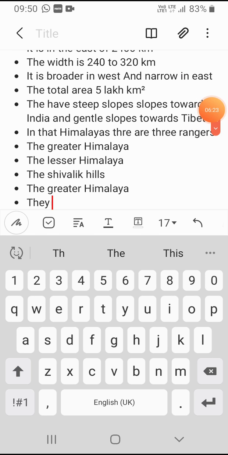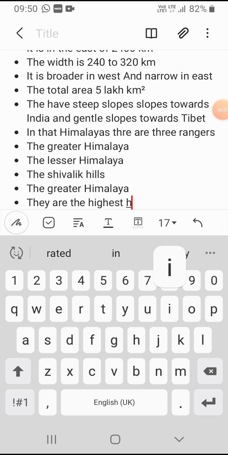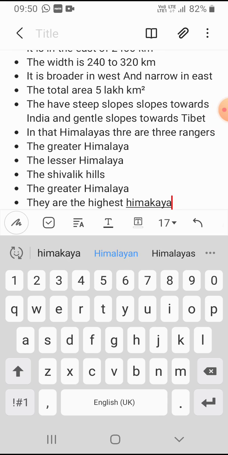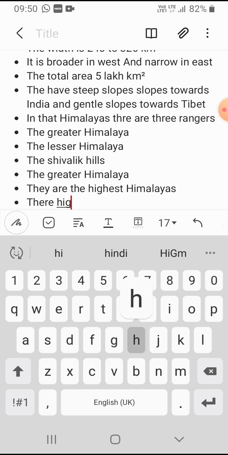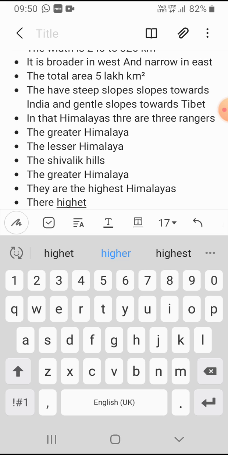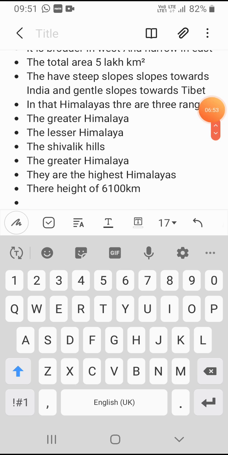They are the highest Himalayas, with a height of about 6,100 meters. The Himalayas are called the Greater Himalaya.